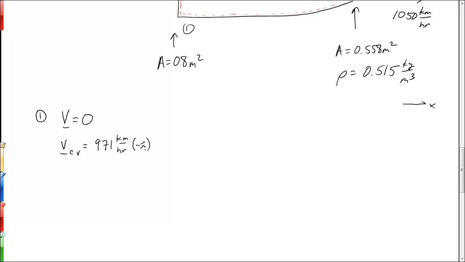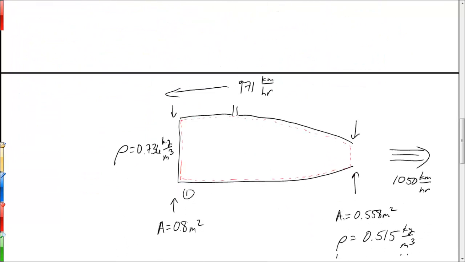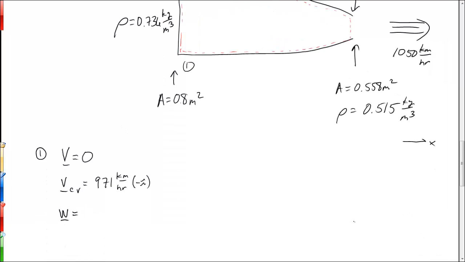And so therefore we can write, going back to this equation here, W is equal to the absolute velocity minus the velocity of the control volume. So W is going to be equal to 0 minus 971 in the minus i direction. So it's going to be 971 kilometers per hour in the i hat direction.